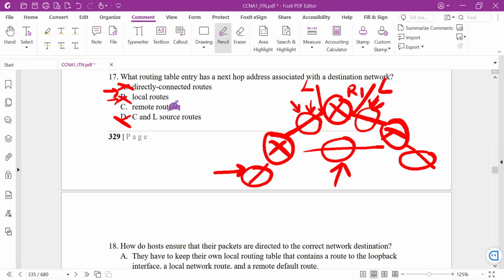Leaving my remote routes. So if we want to send anything to a destination, we can only send to a remote route from a given router. I hope that is clear. We can only send to a remote route.